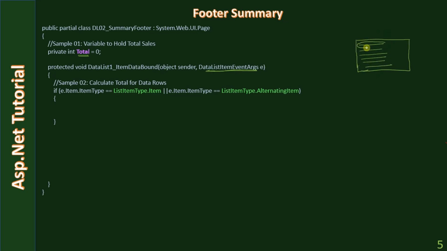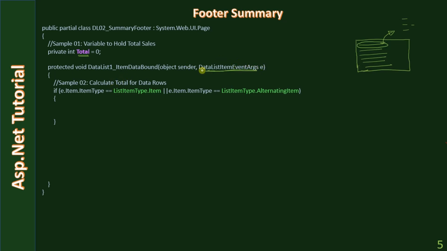And each one contains 4 data items: store name, city and state, then zip code. So there are 6 records, and in each record we will be displaying 4 items. So this ItemDataBound event will get called for all the items.